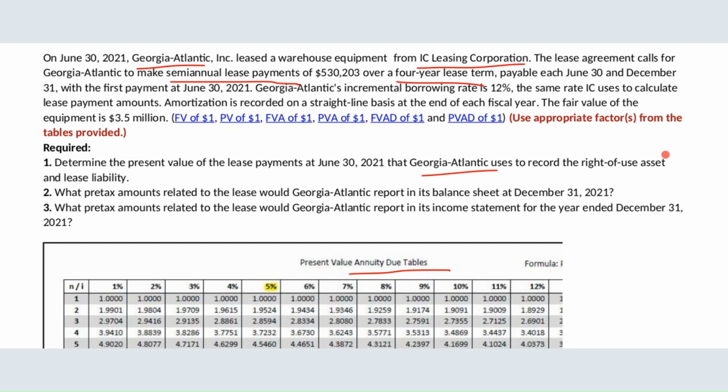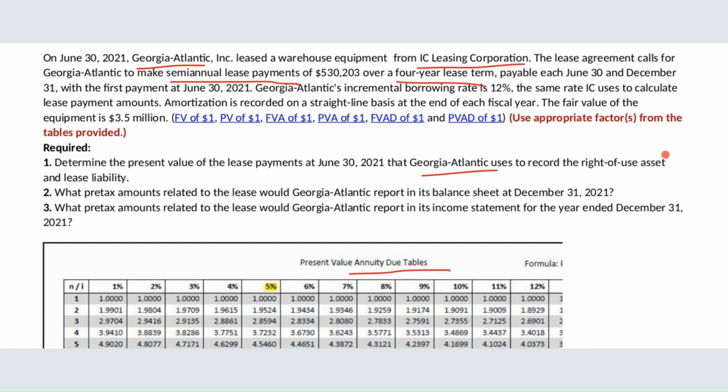So the payments are 530,203, where n equals what? N equals 8, right? So it's 4 multiplied by 2 because it's semi-annual, so it's equal to 8.